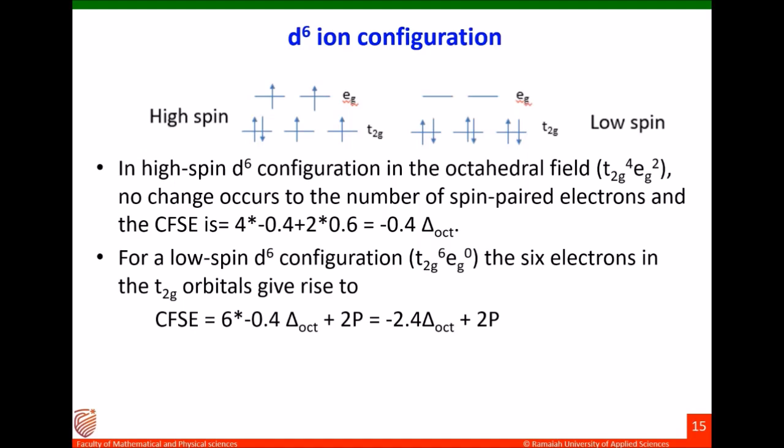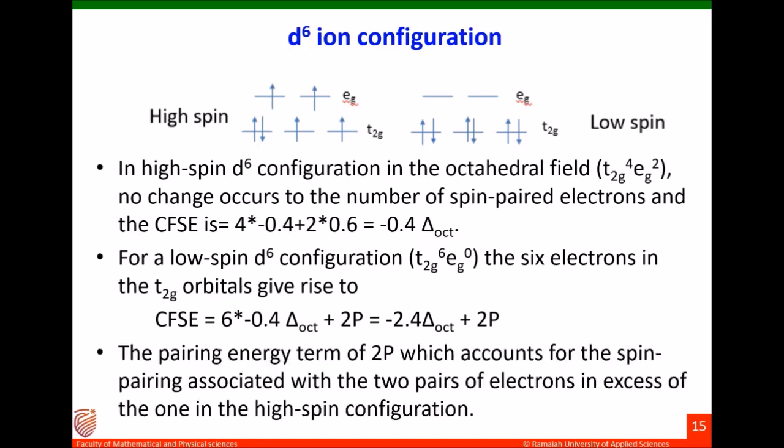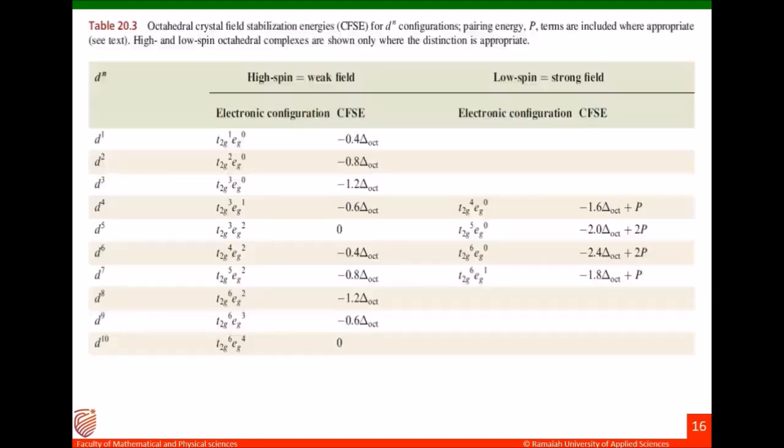So the value will be minus 2.4 delta octahedral plus 2P. The pairing energy term of 2P accounts for the spin pairing associated with the 2 pairs of electrons in excess of the one in the high spin configuration. Now you see the table 20.3 lists the value of CFSE for all dn configurations in an octahedral field, whether high spin or low spin.